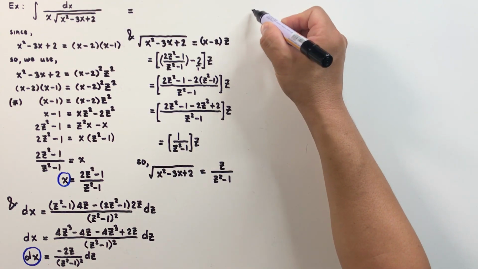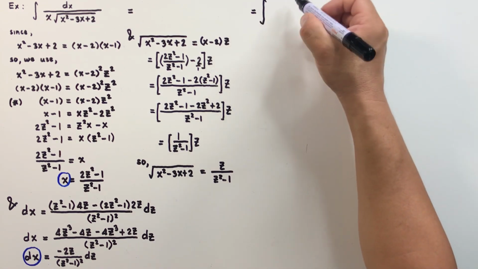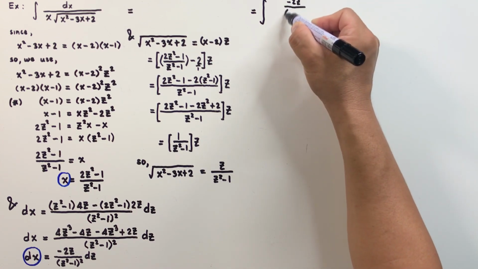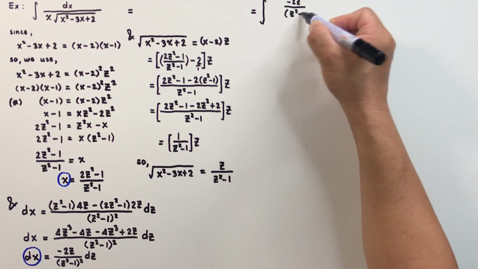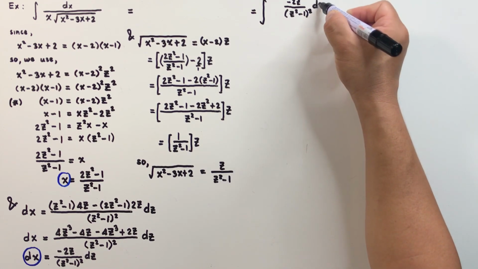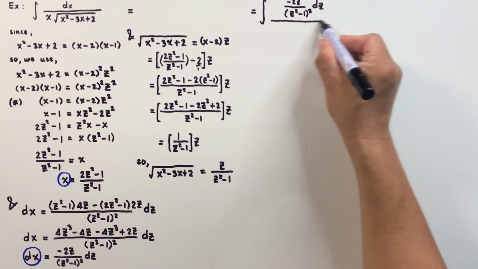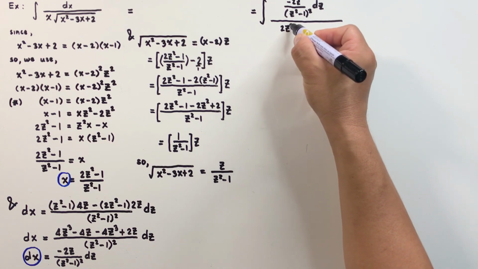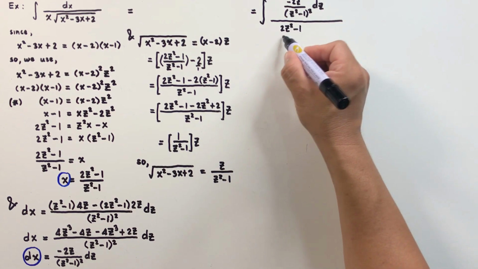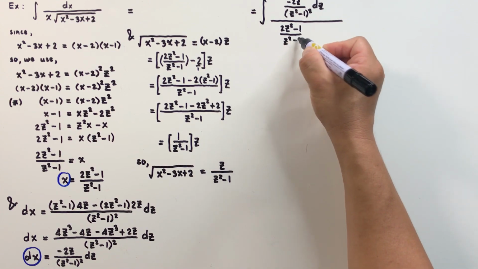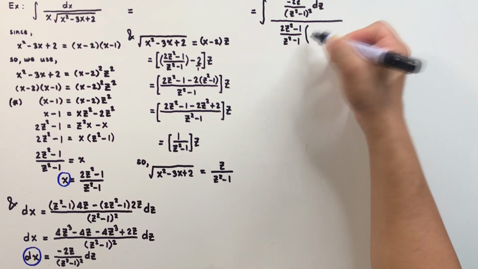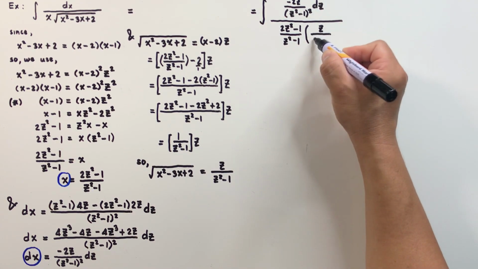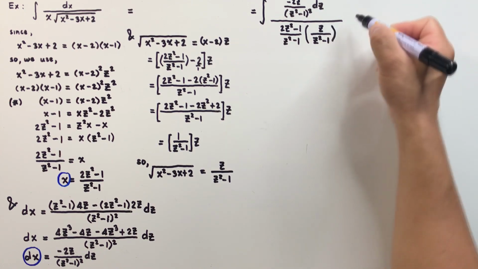So this is equal to the integral of our dx, which is negative 2z over the square of z squared minus 1 quantity squared dz, and this is divided by our x, which is 2z squared minus 1 divided by z squared minus 1. And this will be multiplied by the square root of this quadratic, which is z over z squared minus 1.